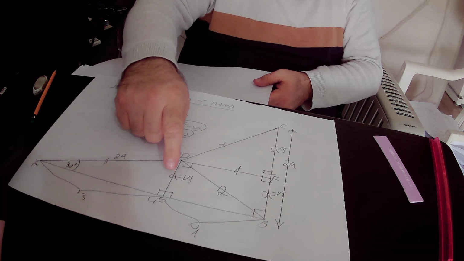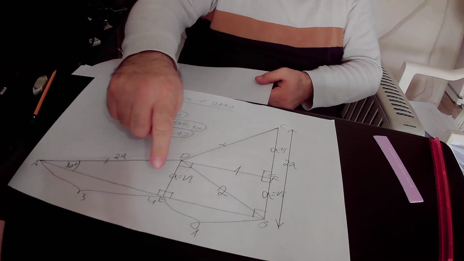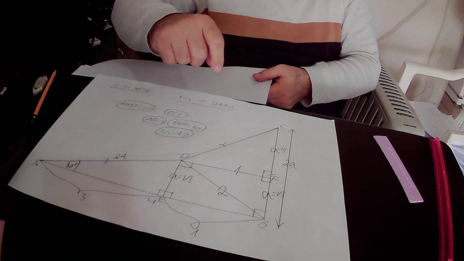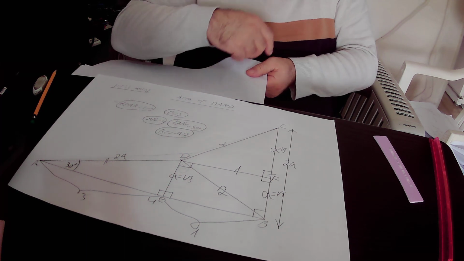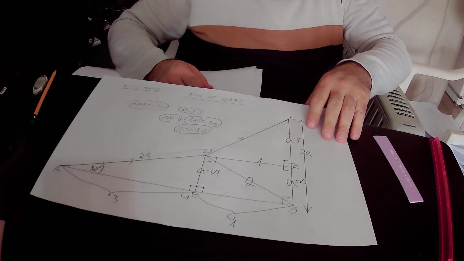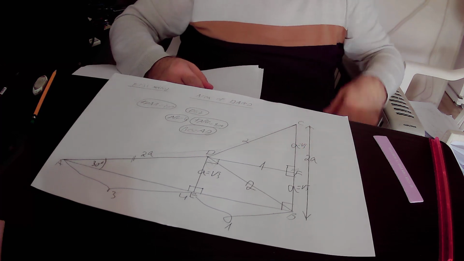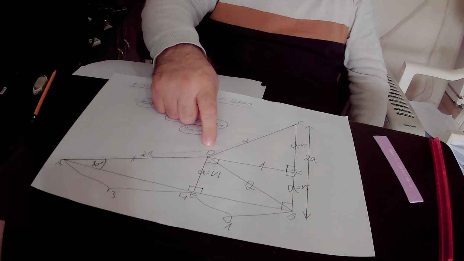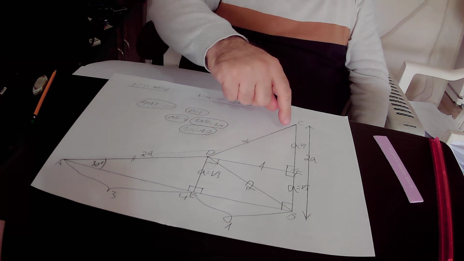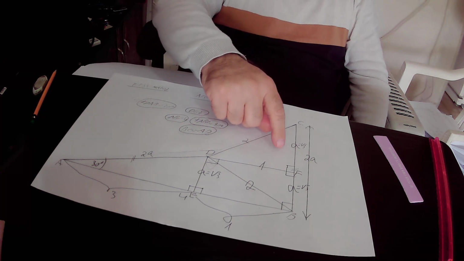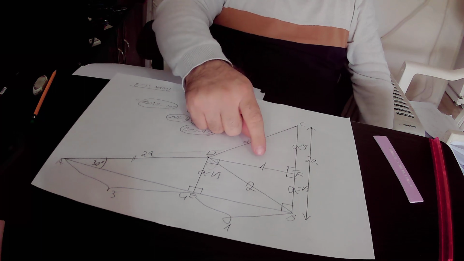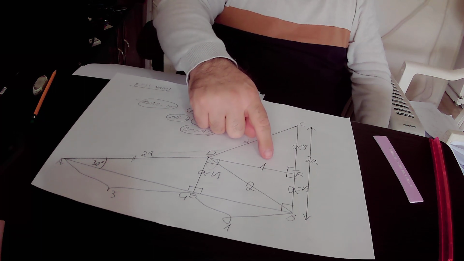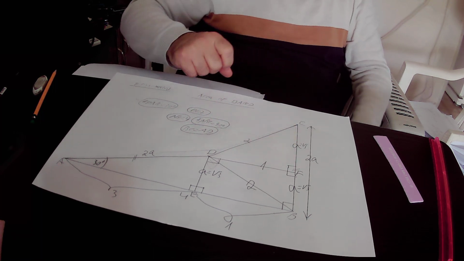We define the touching point between the perpendicular and AB as point E. And we also go perpendicular from point D to CB. We define the touching point between the perpendicular and CB as point F.